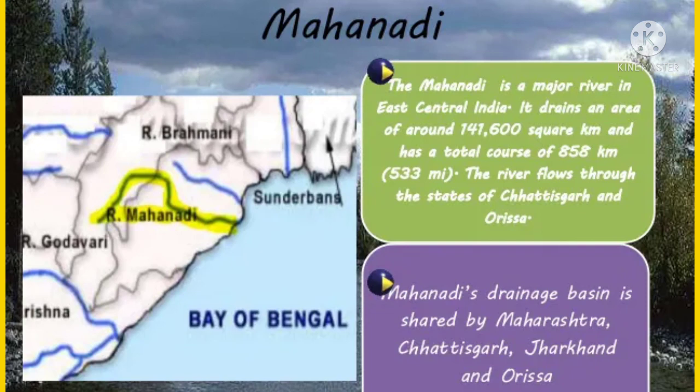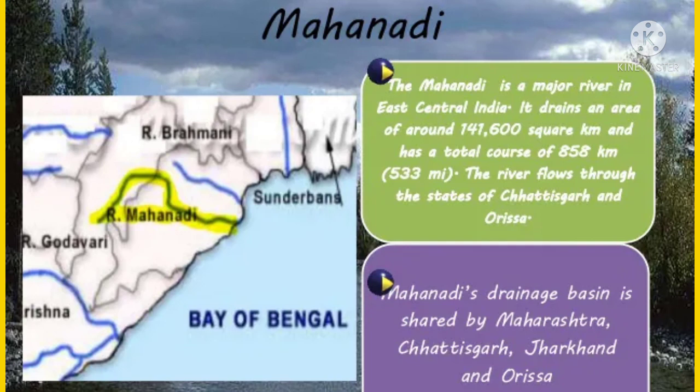Next important river after Godavari is Mahanadi. The Mahanadi rises near Sihawa in Raipur district of Chhattisgarh and runs through Odisha to discharge its water into the Bay of Bengal.